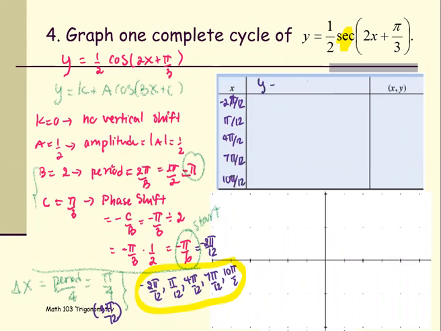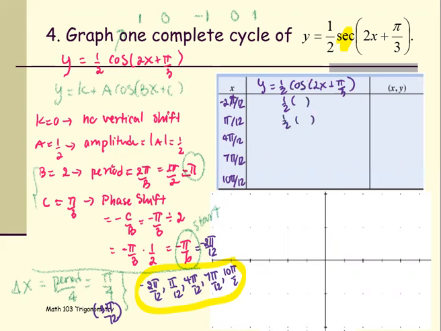For the graph y equals 1/2 secant of 2x plus pi over 3, recall the 5 key points of the cosine will be 1, 0, negative 1, 0, and 1. To complete the table, this is going to be the cosine function, not the secant yet.